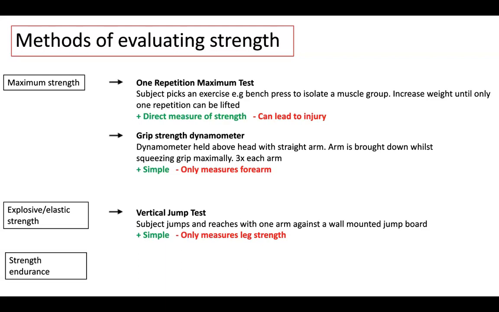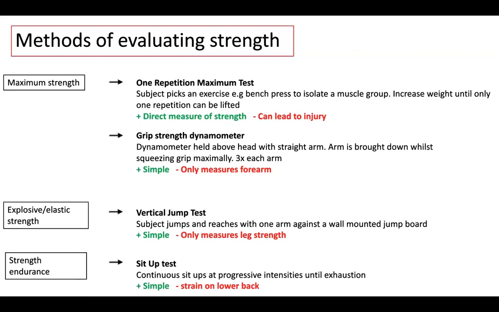Then finally, strength endurance is measured using a sit-up test, and this is just continuous sit-ups at progressive intensities until exhaustion. It's a very similar setup to the bleep test or the multi-stage fitness test. Again, this is simple to use, simple to administer, simple to actually complete.